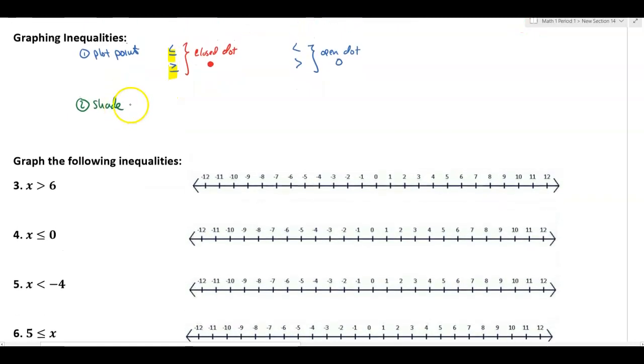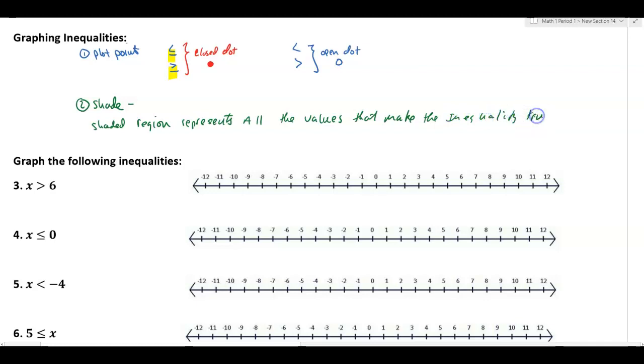remember, the one thing you have to understand is the shaded region represents all the values that make the inequality true, okay?